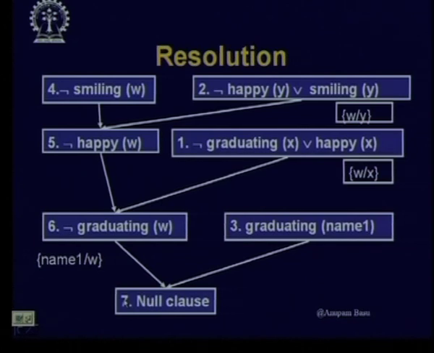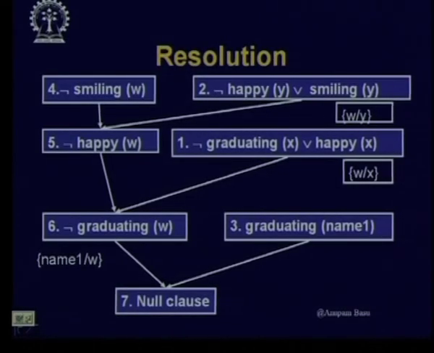So, you just quickly see what is the major difference between resolution in propositional logic and resolution in predicate logic. The problem is that here we have variables. So, we had to take some extra pain in order to convert them into clausal form.